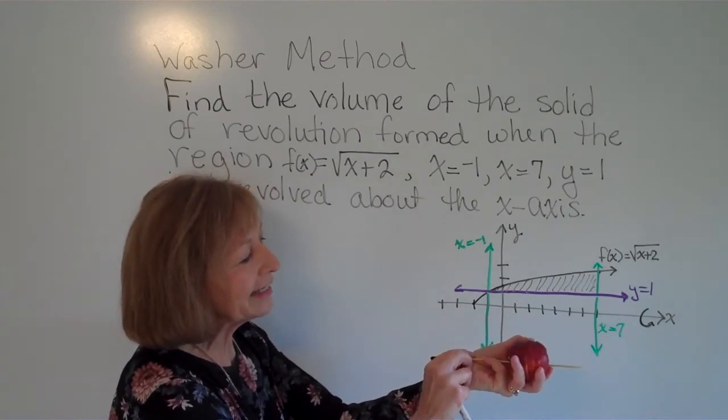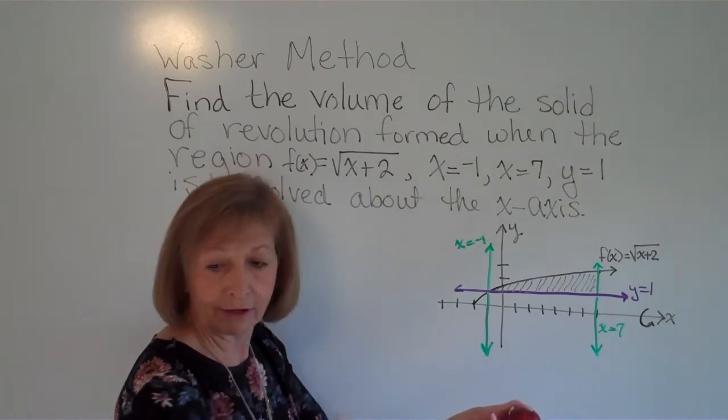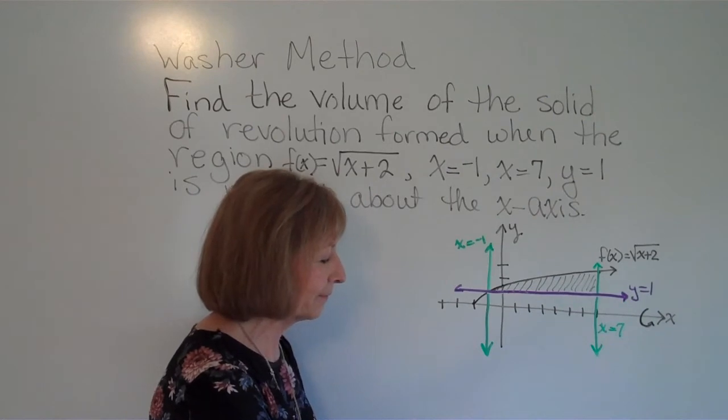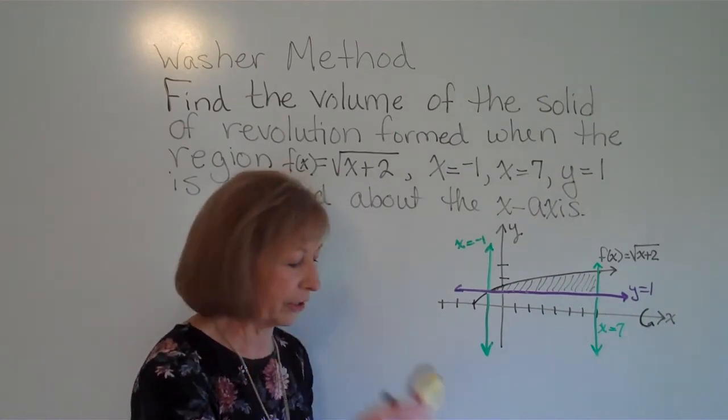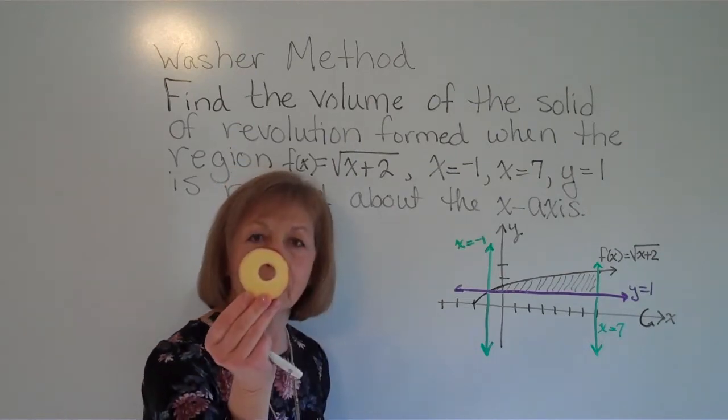So if I take slices that are perpendicular to the axis of revolution, then I'm going to get a slice that is a washer. And some of these are off a little bit. Let me look at one that's better. Here we go, like a washer.